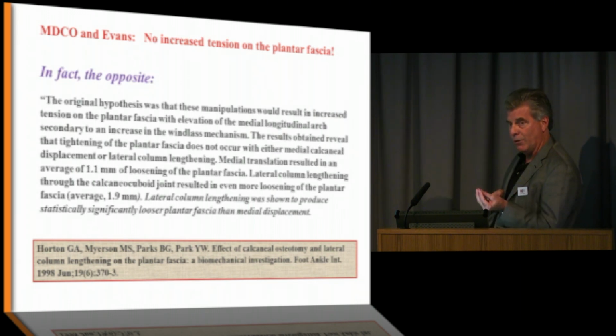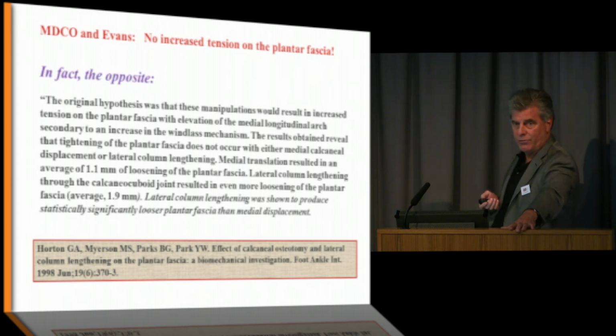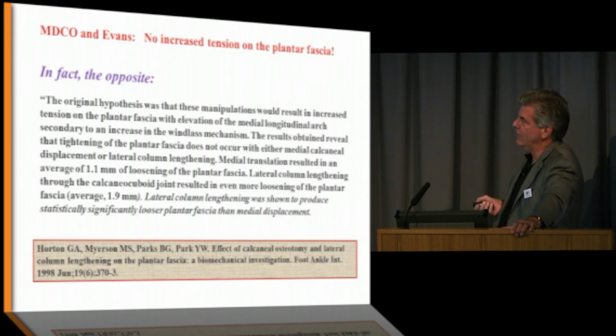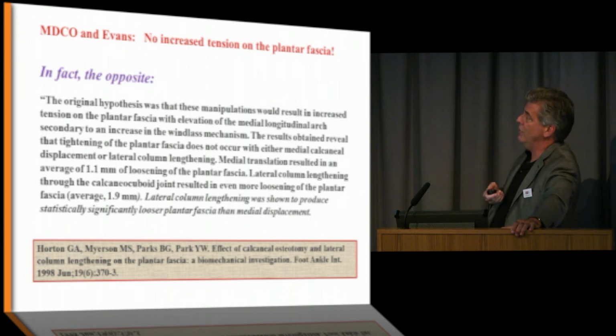As they did the lateral column lengthening, they relaxed the tension in the plantar aponeurosis. Lateral column lengthening was shown to produce looser plantar fascia. Well, Kogler showed that. When he put a lateral wedge under the forefoot, increased pressure under METs 4 and 5, he reduced tension in the plantar fascia.